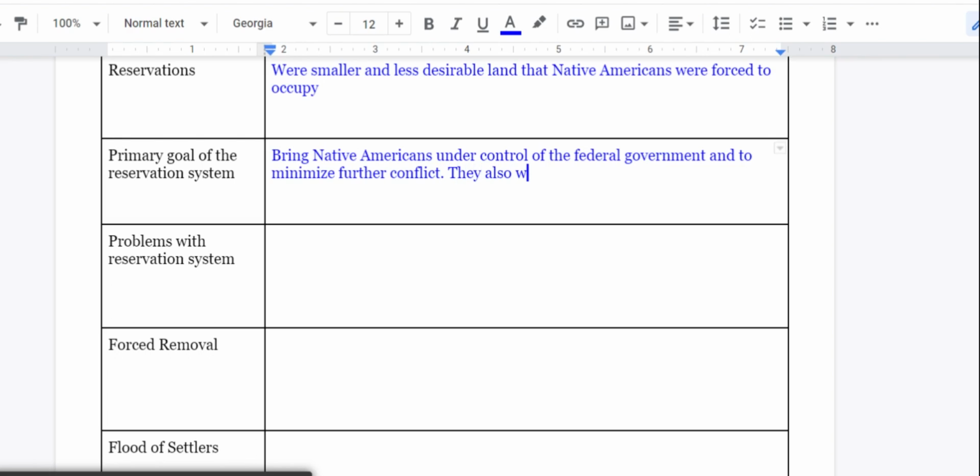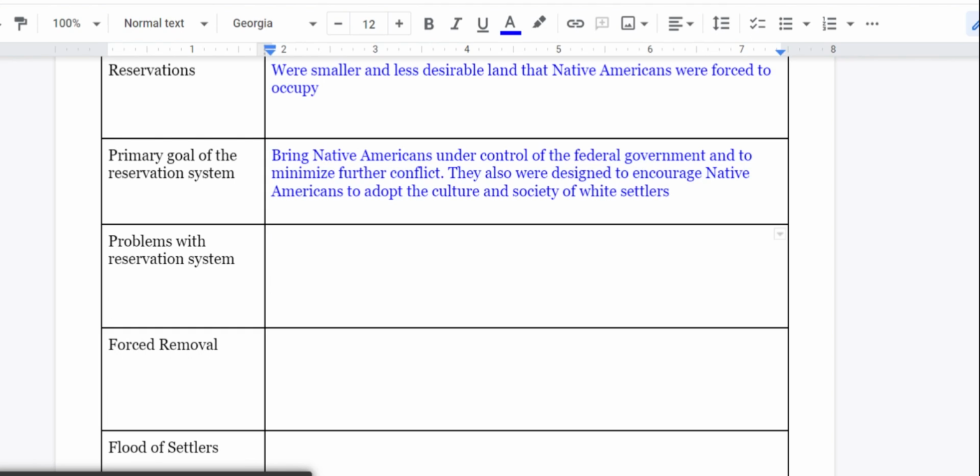They also were designed to encourage Native Americans to adopt the culture and society of white settlers, right?